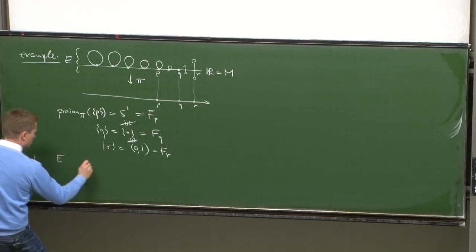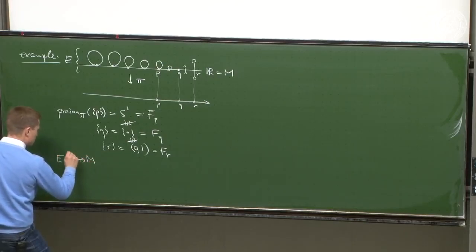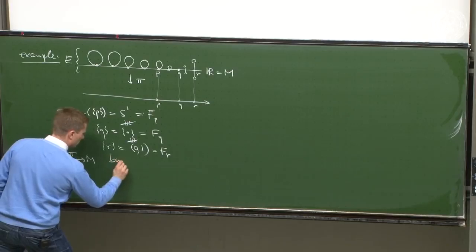Definition: let E, pi, M, and sometimes we write it this way, be a bundle.